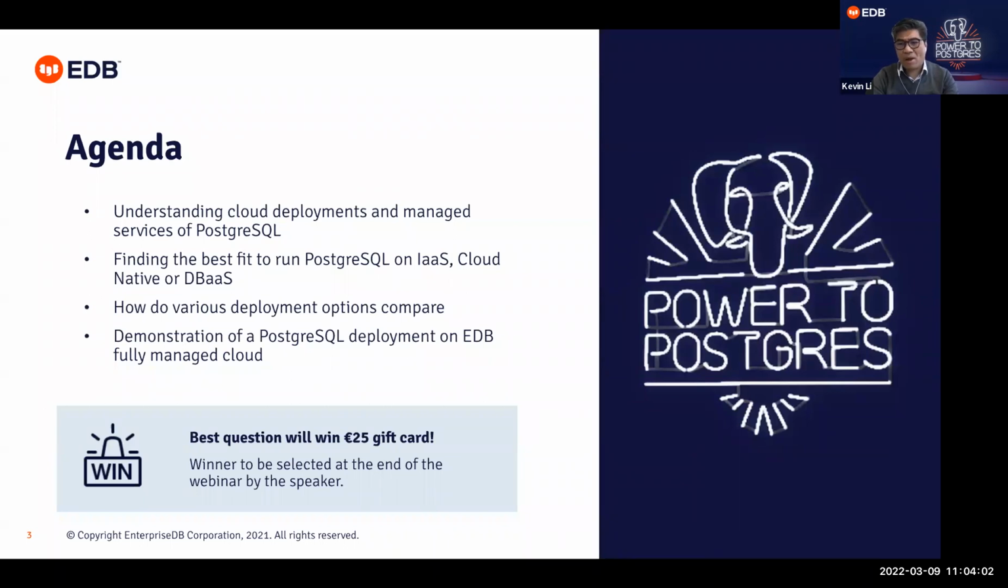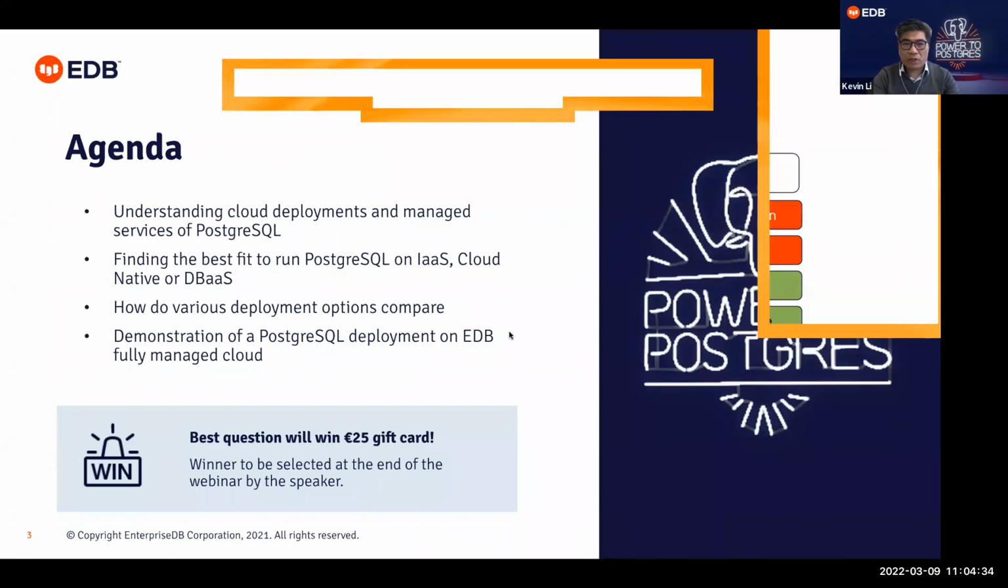Then a comparison between different deployments, scenarios, and use cases, and also the benefits, the pros and cons. And Sergio has got a really excellent demo to showcase how to deploy and use some of those deployment environments, such as in the cloud, database as a service, or Kubernetes containers in the cloud. So let's move forward with this now.